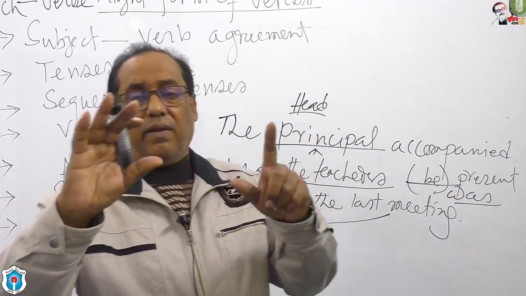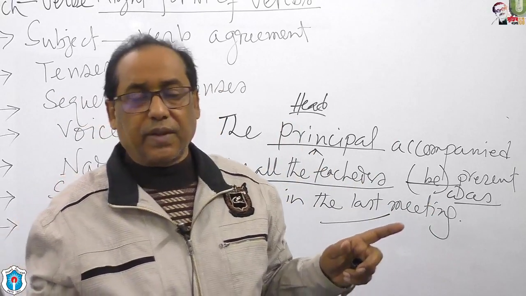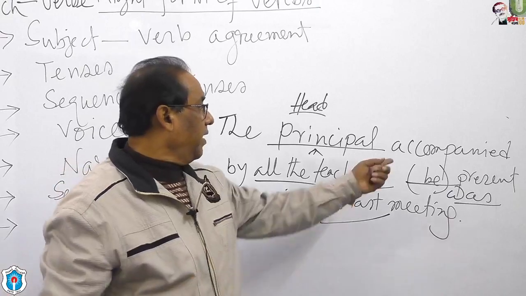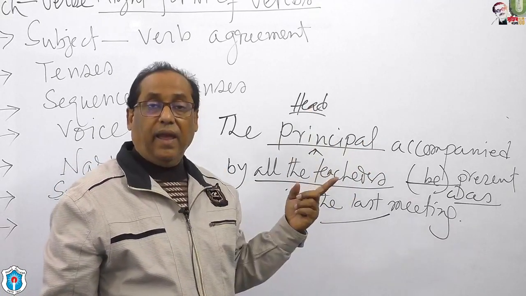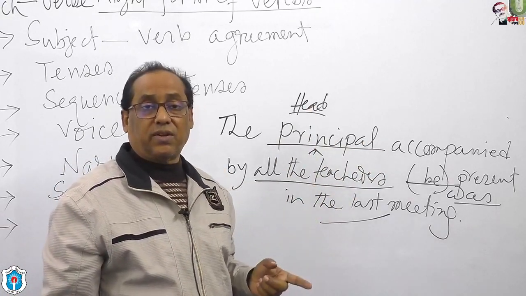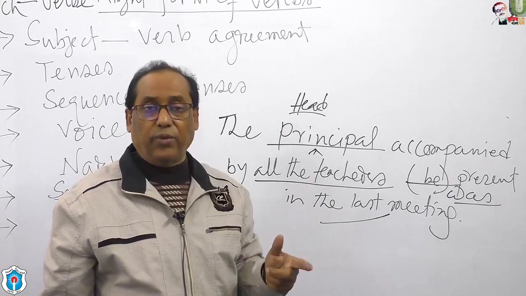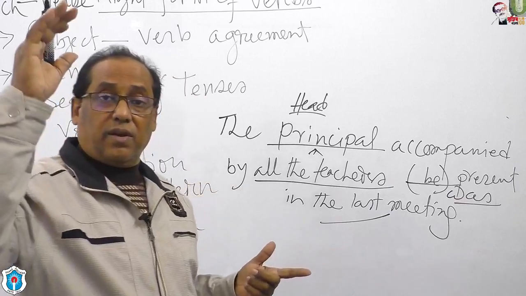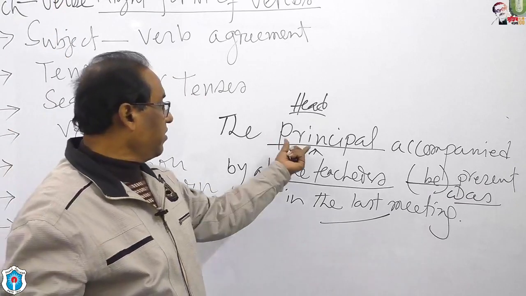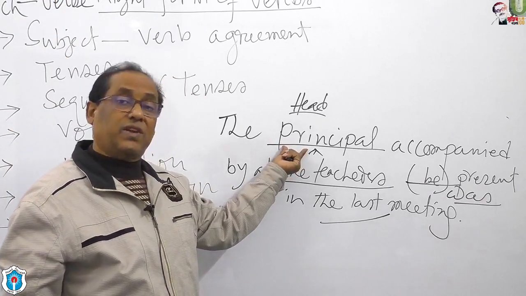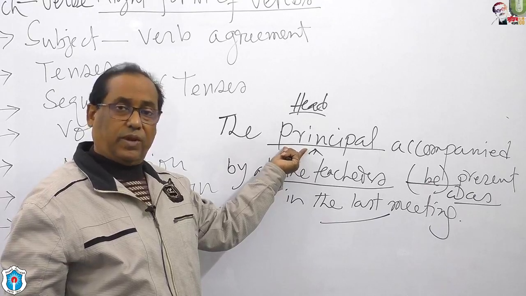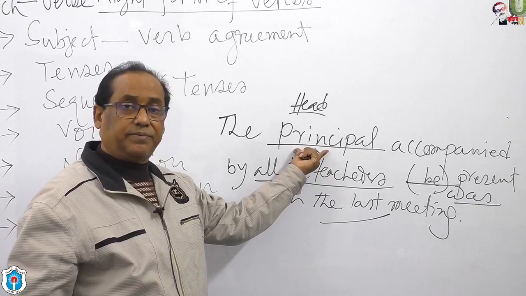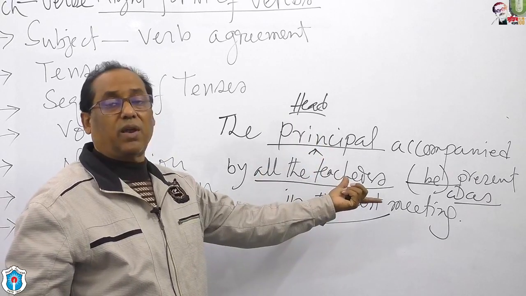When two nouns or pronouns are connected by accompanied by, as well as, together with, along with, and so on, you should take for consideration the first noun, okay, not the second one. If the first one is singular, it takes a singular verb.